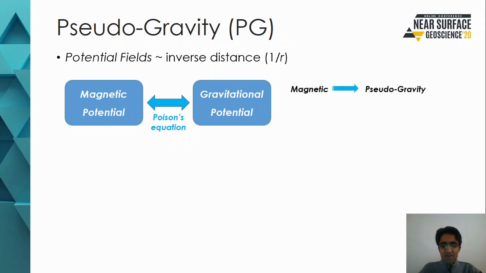So under certain circumstances, the magnetic data can be transformed into a gravity-like response, and vice versa. The gravity can be transformed into a magnetic-like response. The second one is not interesting for us because interpretation of magnetic data is much more difficult with respect to gravity data, but this first option would be very useful.